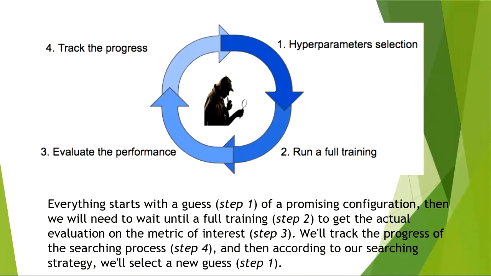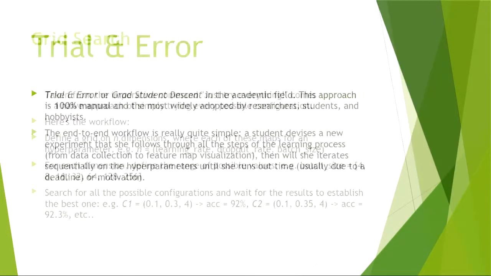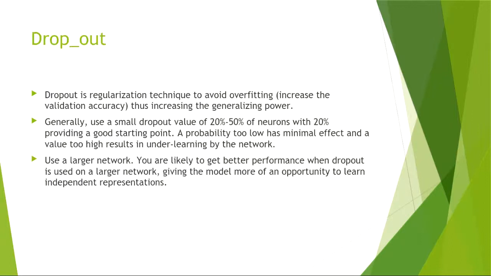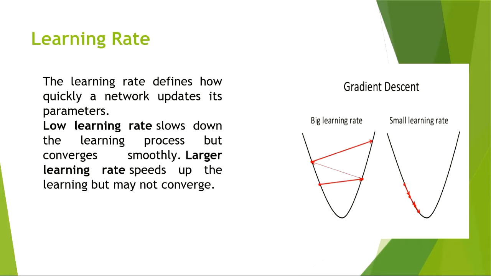So lower learning rate means lower training, higher learning rate means higher training. The more training there is, the better the learning rate; the less training, the worse the learning rate.